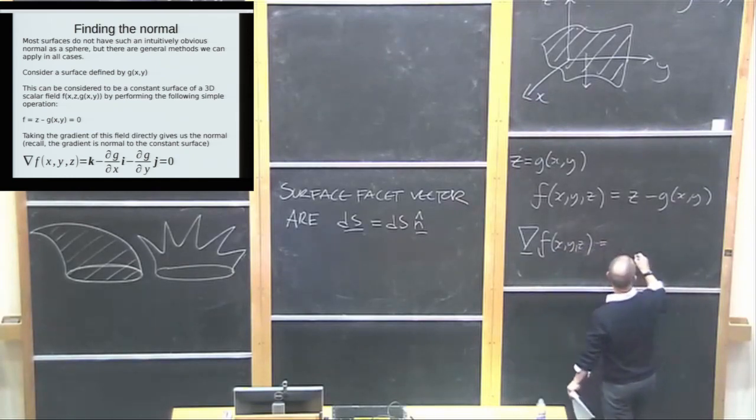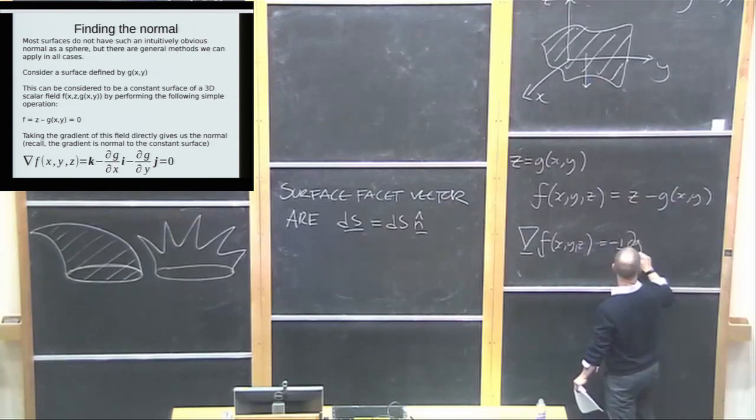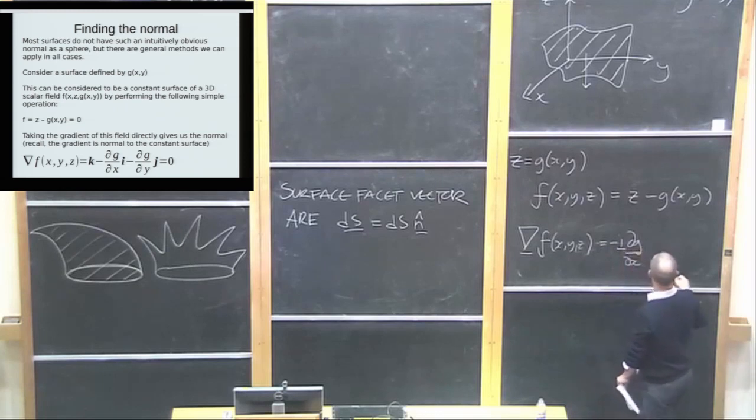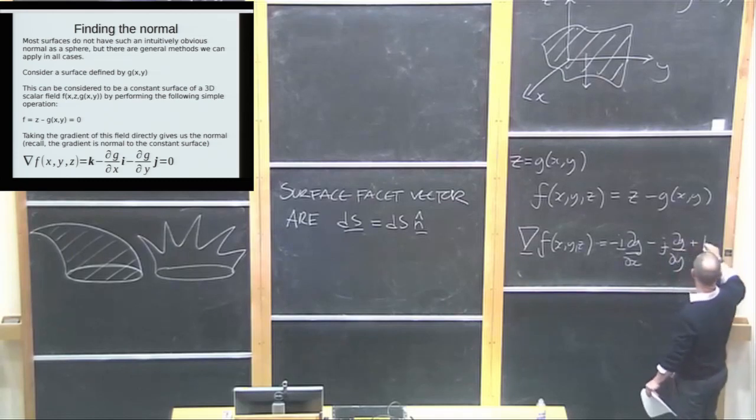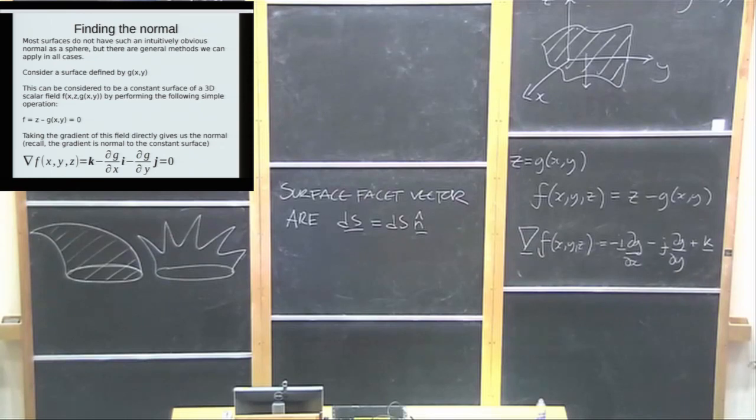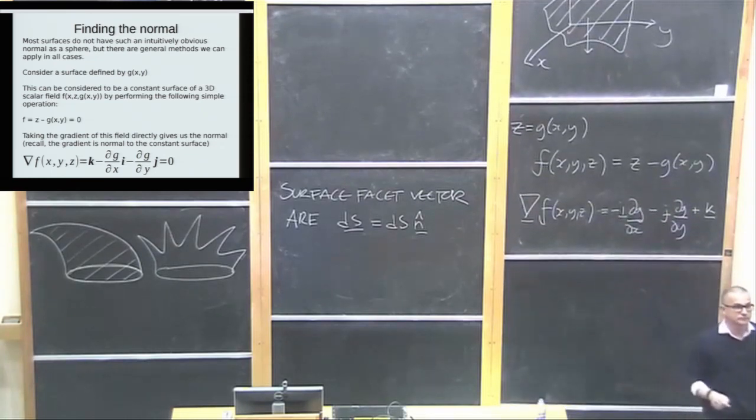Our gradient of f is going to be minus i dg by dx minus j dg by dy plus k. So I've just worked out the gradient of this 3D scalar field, which describes our surface.